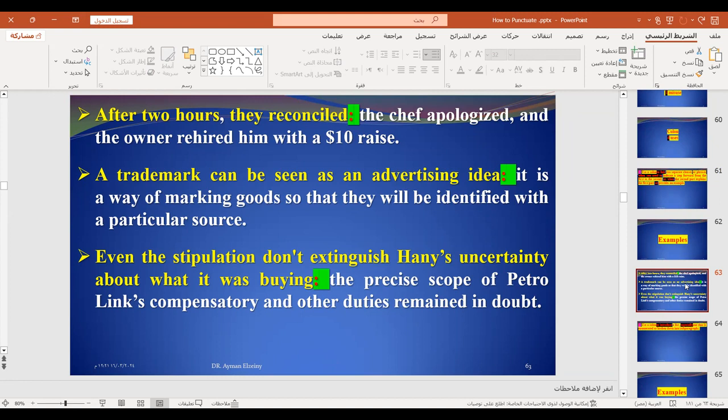First phrase. Second phrase explains what happened: the chef apologized, and the owner rehired him with a $10 raise.